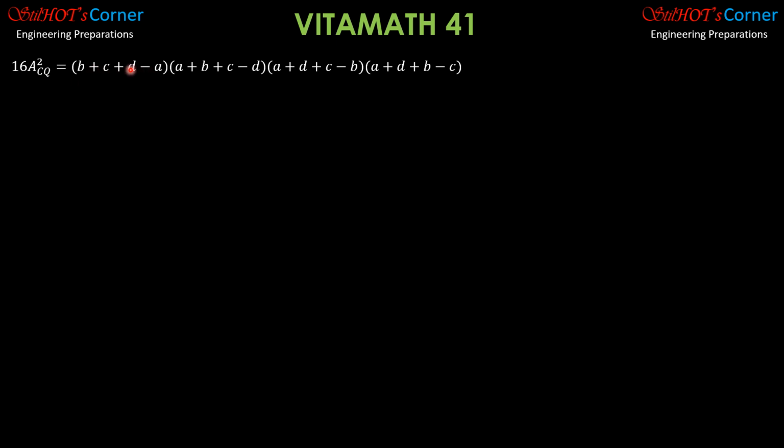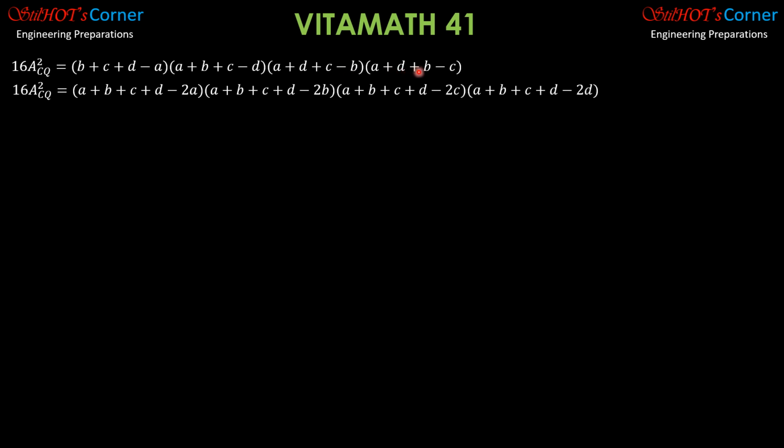So this first factor becomes, 16 area of cyclic quadrilateral square is quantity a plus b plus c plus d minus 2a, then this one, a plus b plus c plus d minus 2b, then this one we add c, subtract c, so a plus b plus c plus d minus 2c, then finally this one, add d, then subtract d, a plus b plus c plus d minus 2d.